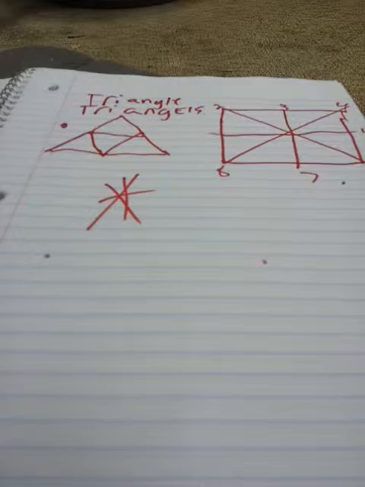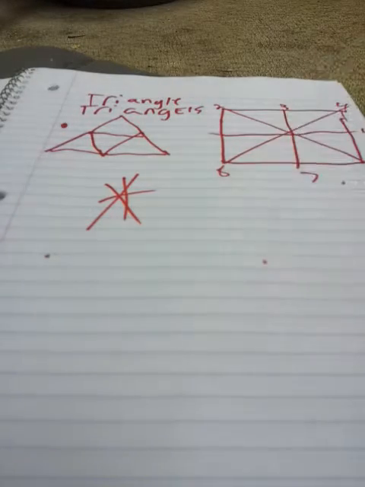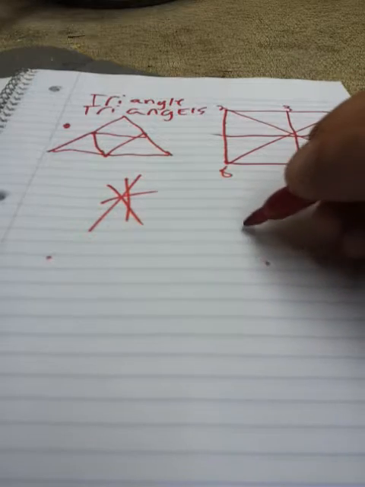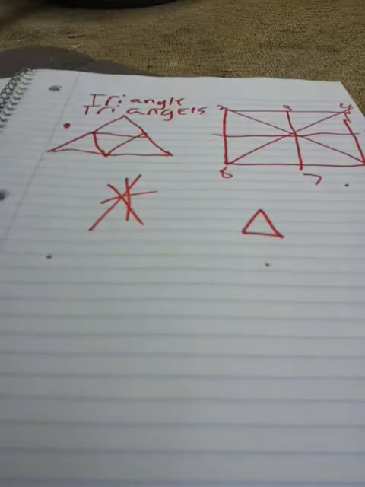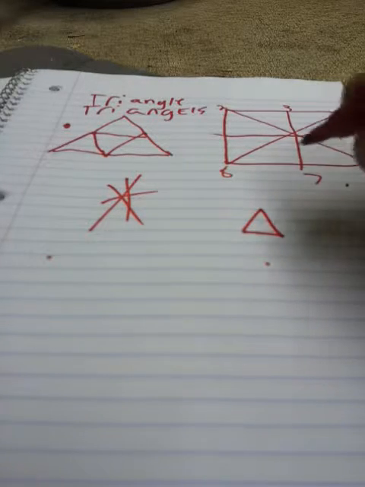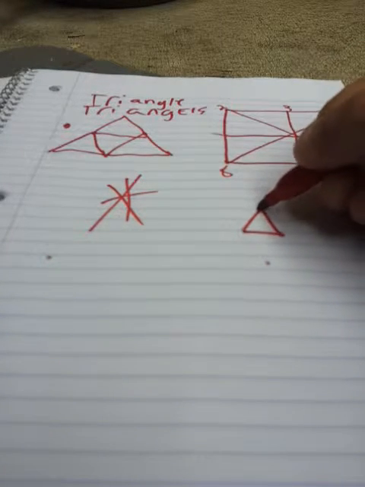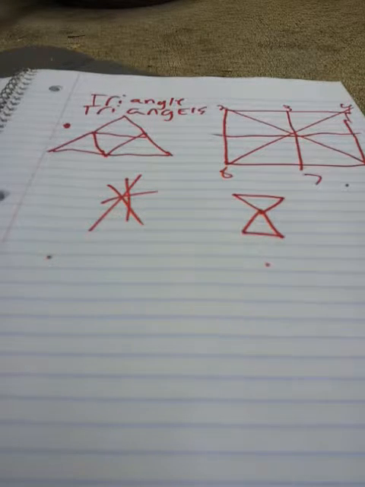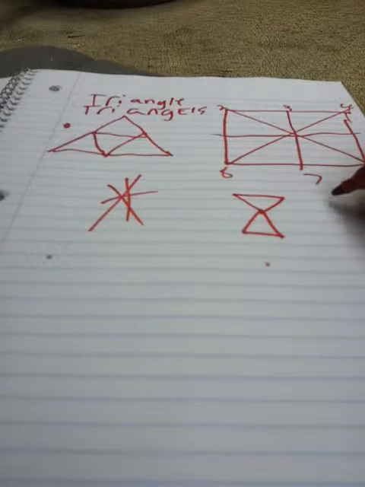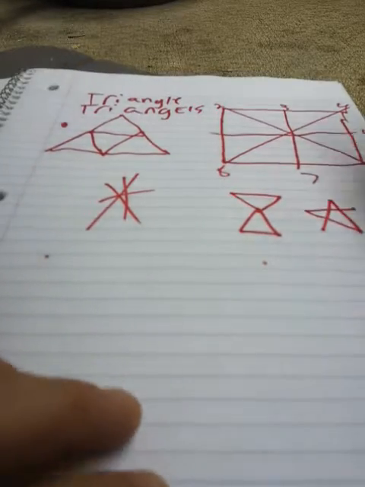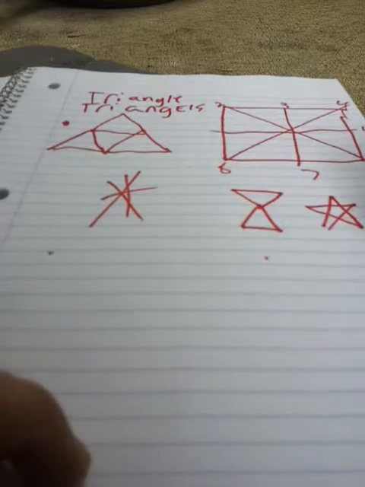And it got me thinking, like I said, what's the smallest shape we can make? A triangle. And what happens if two triangles meet each other? Well, I'm not trying to make a pentagram.